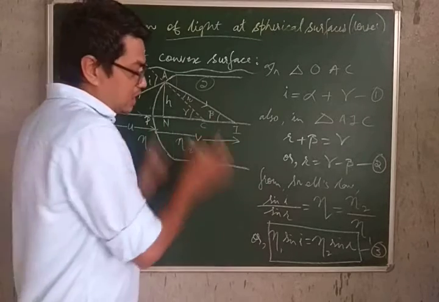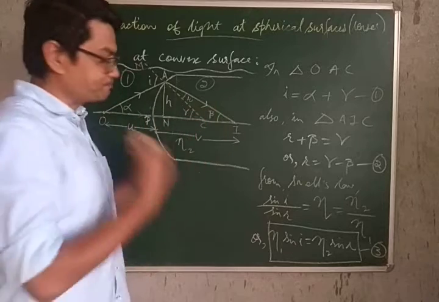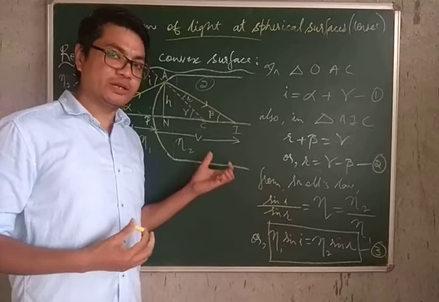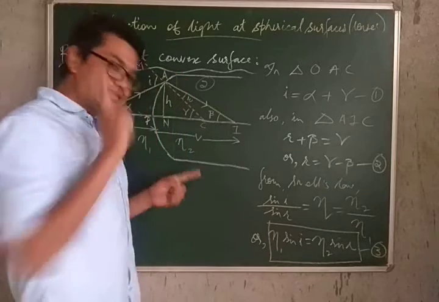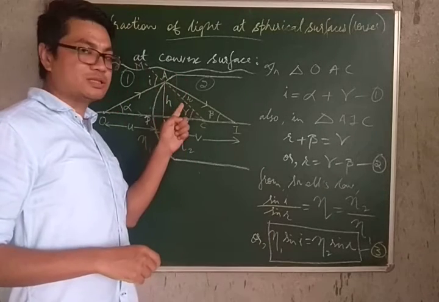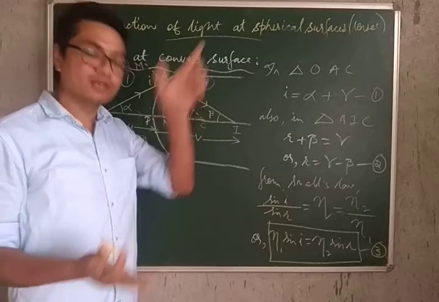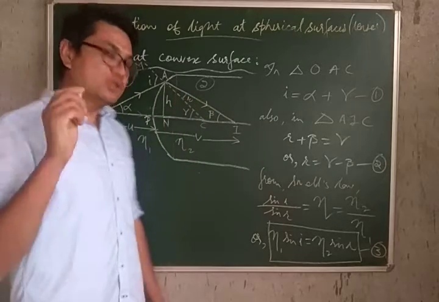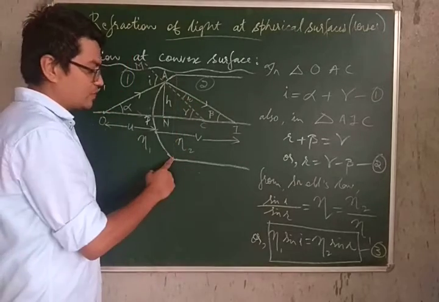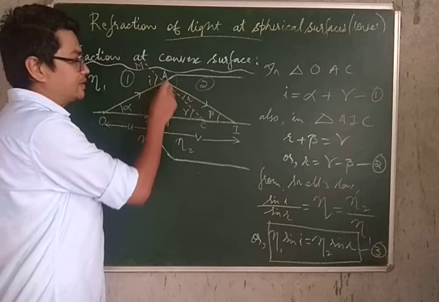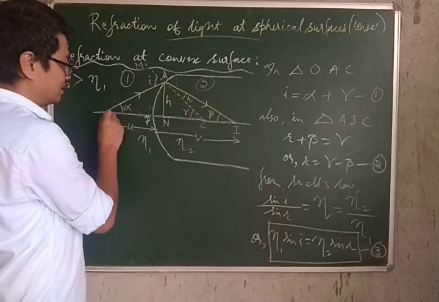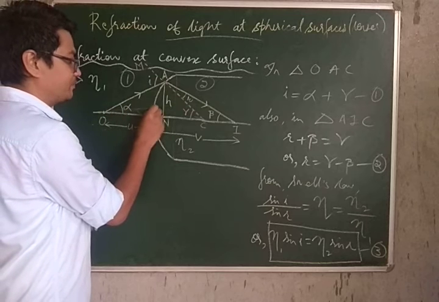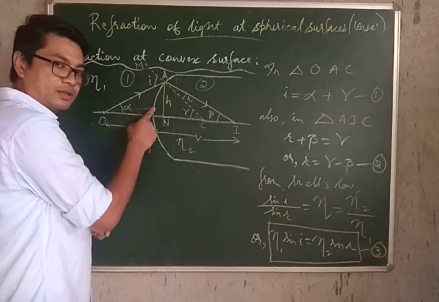For all of our derivations, we consider lenses and spherical surfaces having small aperture. So if the aperture of the spherical surface is very small, then point A will be very close to point P. The incident ray will be somewhere over here. This is the point A.